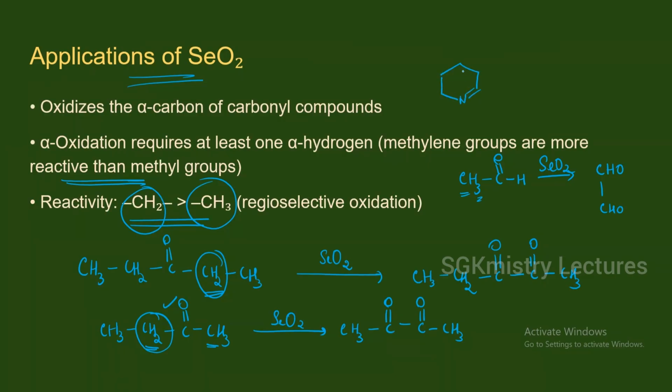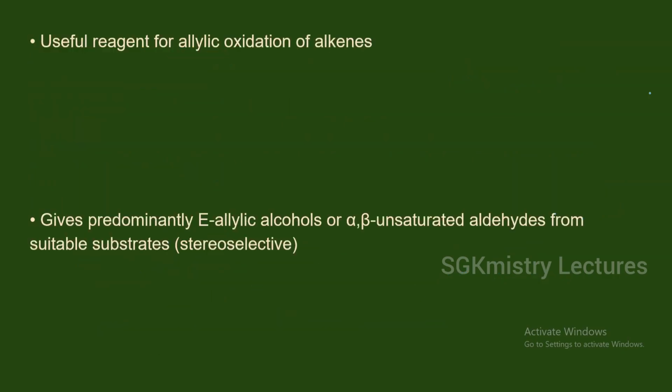Here you can see there is no carbonyl group as such, but there is a CH3 group present. Now, this can be oxidized in the presence of SeO2. So you can get here the aldehyde group. Next, it is also a useful reagent for allylic oxidation of alkenes.